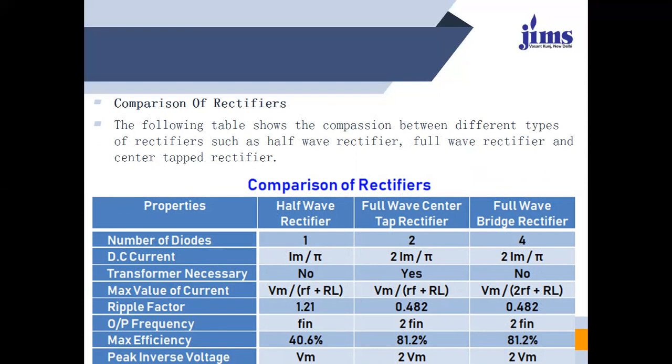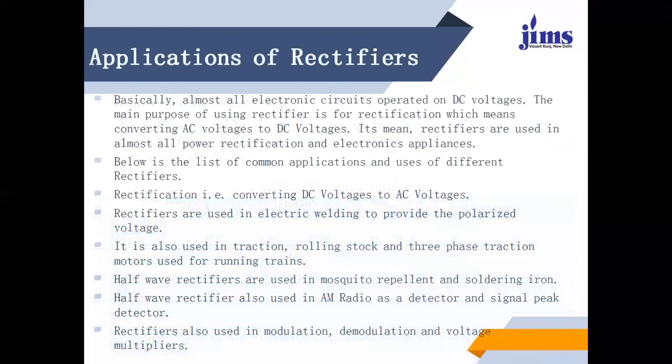Here we compare the number of diodes or SCRs, the value of the DC current, whether a transformer is necessary or not, the maximum value of current, the ripple factor, output frequency, maximum efficiency and peak inverse voltage. These are the different values we obtain when comparing half wave, full wave and full wave bridge rectifier circuits.